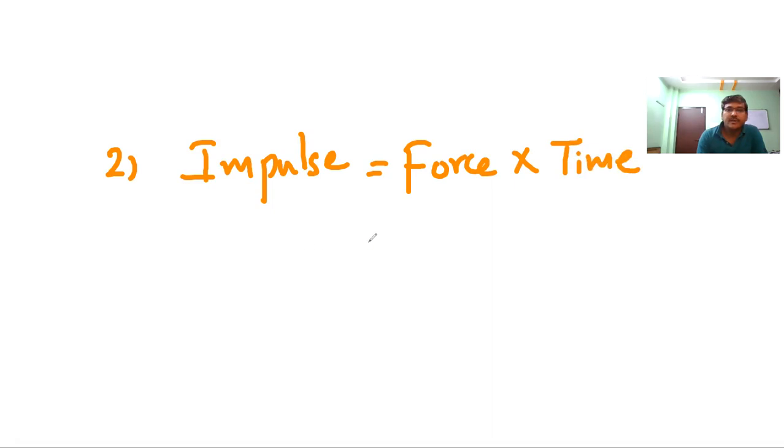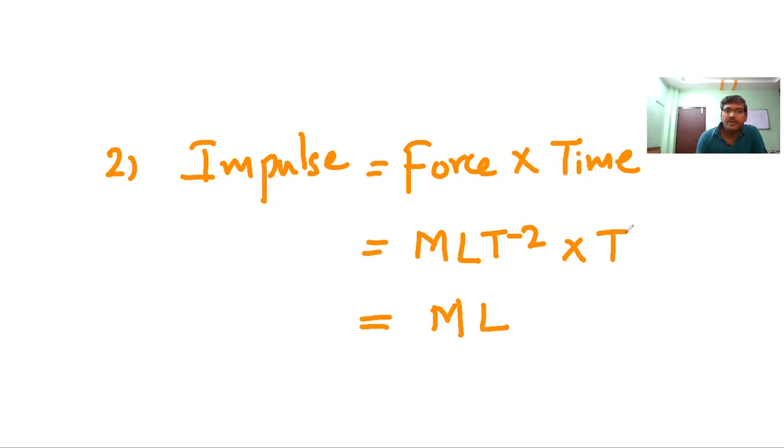In the previous session we have seen the force dimension formula is mass into acceleration, M L T to the power of -2, into time T. So on simplification, M, L, and T to the power of -2 plus 1 becomes T^-1. So the impulse dimension formula is M L T^-1.